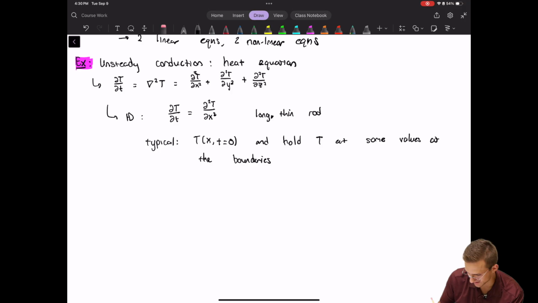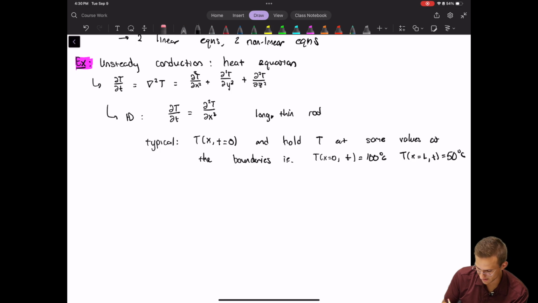For example, T at x equals 0 for all time is held at 100 degrees Celsius, and T at x equals L at all times is held at 50 degrees Celsius.